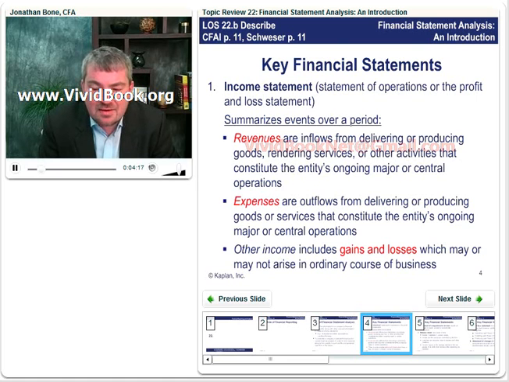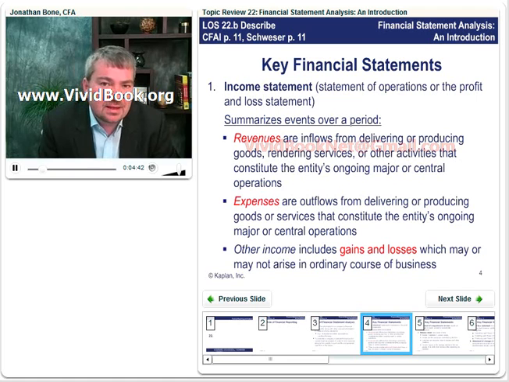These are outflows from delivering or producing goods and services that constitute the entity's ongoing major or central operations. So typically our expenses are going to fall into 2 categories: our costs of goods sold, the cost of manufacturing the goods that we intend to sell, and our sales, general and admin, all of the costs involved in selling goods and running the business on a day-to-day basis.